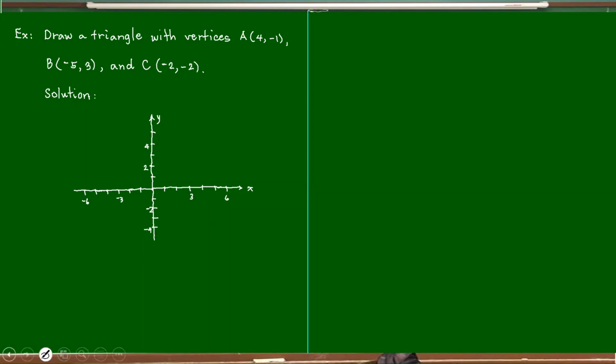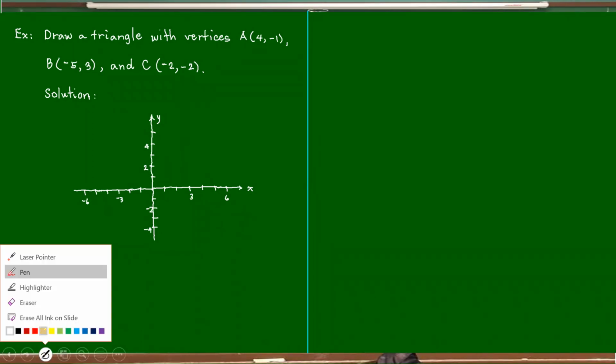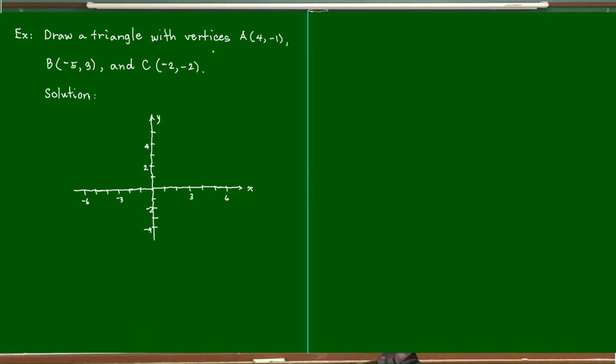Let's now plot. For (4, -1), check if I position the point correctly. Then (-5, +3): 1, 2, 3, 4, 5. (-5, +3). Clear, children?